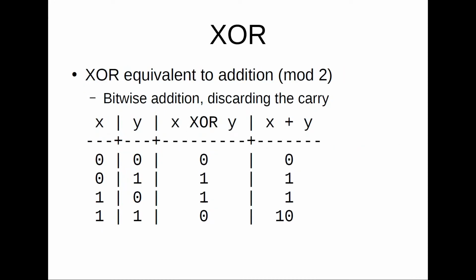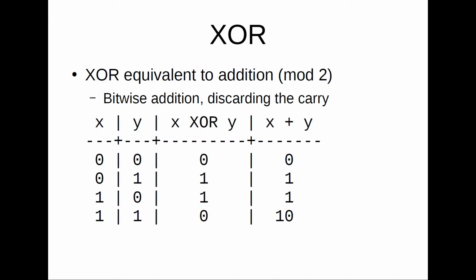And XOR is a nice operation because it's equivalent to addition modulo 2, because you can think of it as bitwise addition, but you just discard the carry bit. So here's the table. It's your normal truth table for an XOR, where 0 XOR 0 is 0, 0 XOR 1 is 1.